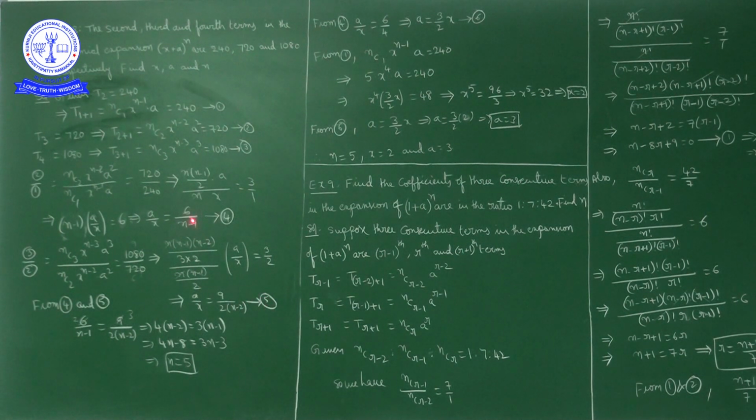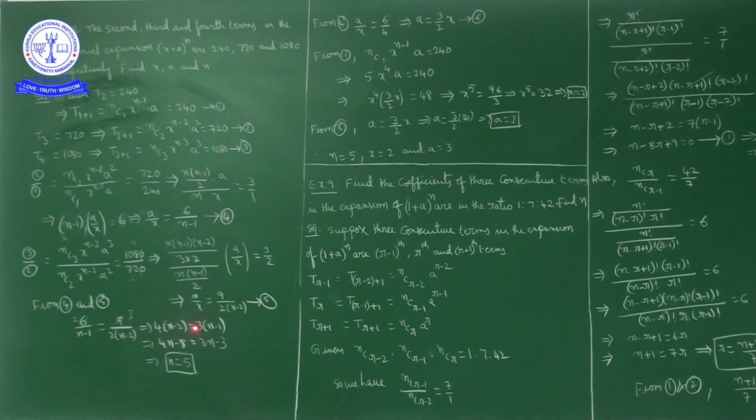Now here in equation 4, a by x equal to 6 by (n minus 1), and in 5, a by x equal to 9 by 2 into (n minus 2). By equating 4 and 5, 6 by (n minus 1) is equal to 9 by 2 into (n minus 2). Cancelling 3 on both sides and cross multiplying, after simplification we got 4 into (n minus 2) equal to 3 into (n minus 1).